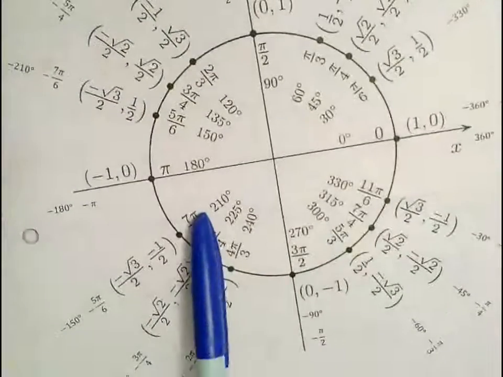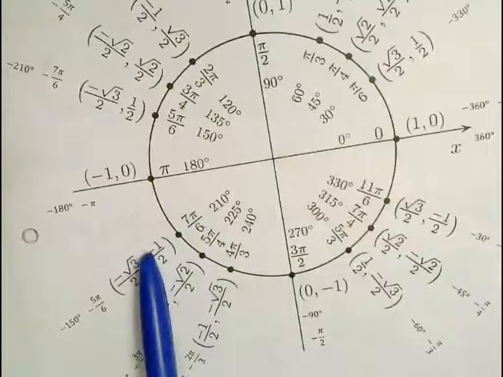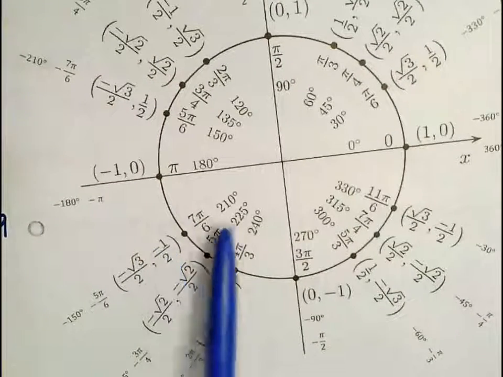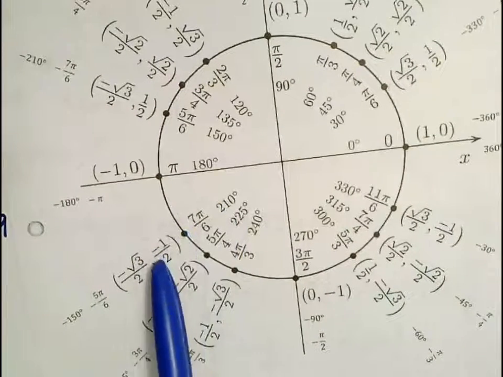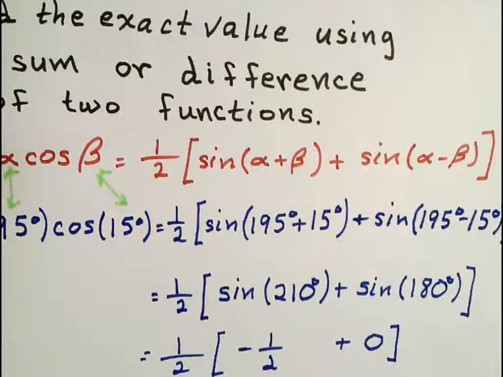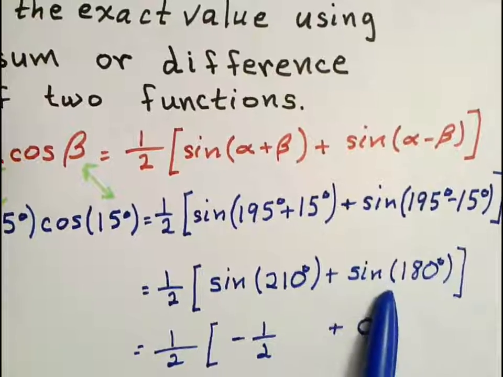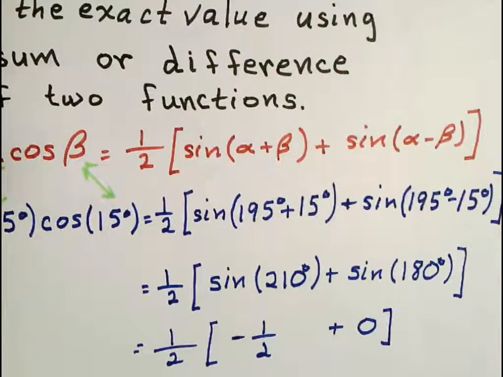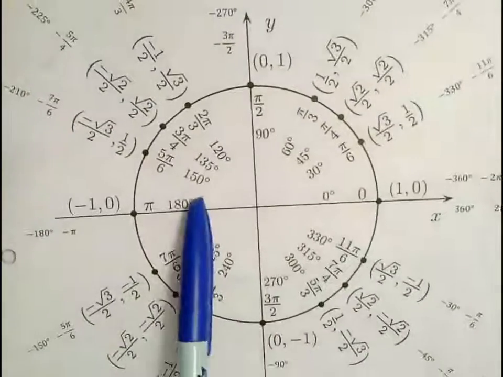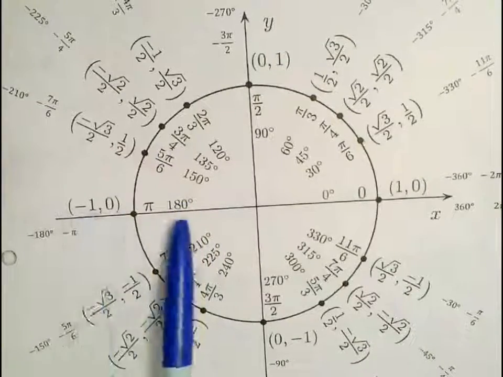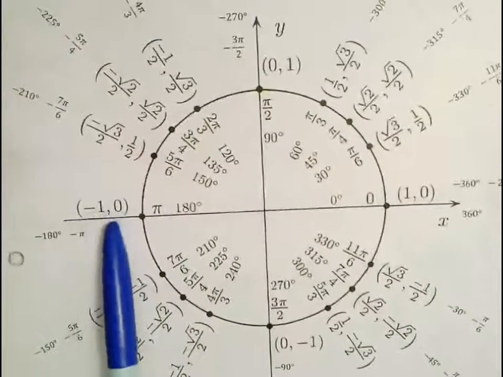Go to your unit circle. 210 degrees. You see the sine is the y coordinate. So the sine of 210 degrees is a negative 1/2. So I replace the sine of 210 degrees with a negative 1/2. Then I want to find the sine of 180 degrees. Look on our unit circle. Here's 180 degrees, and the sine is the y coordinate, which here is 0.